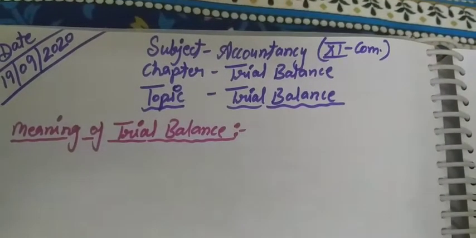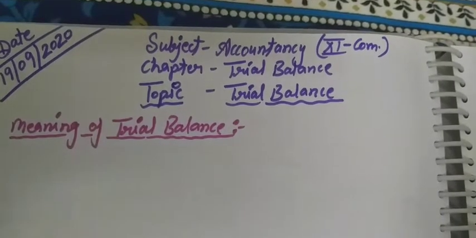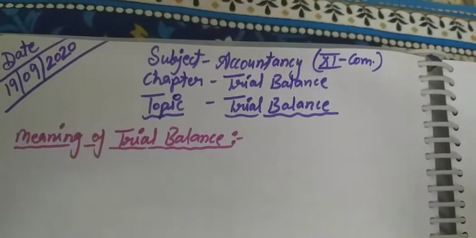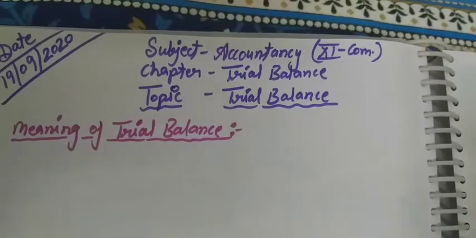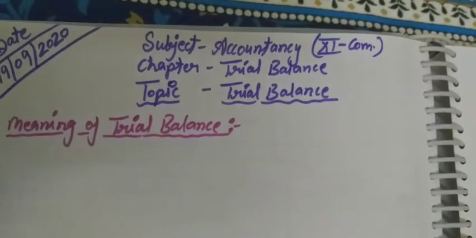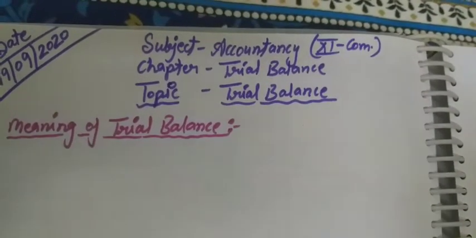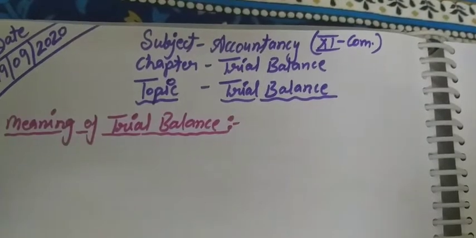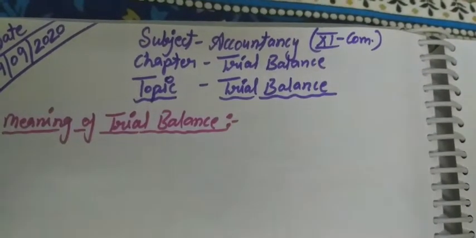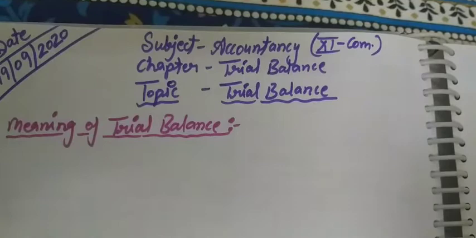Whatever accounts we prepared in the books of account, those balances we transfer to the trial balance on the debit side or credit side, as the balance is given in the account.